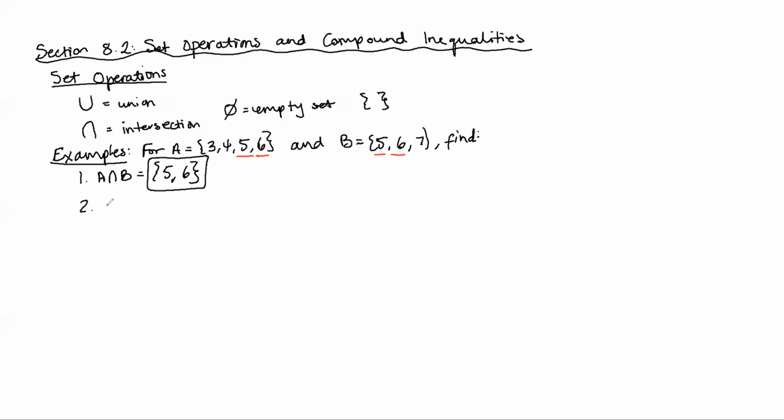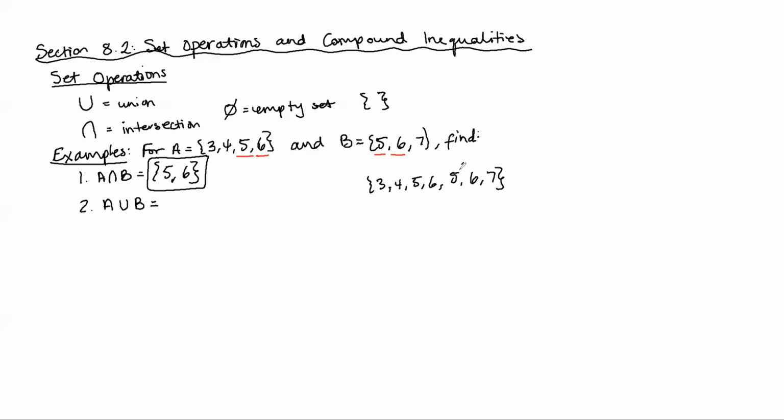Now for the union, so A union B, when you think of union, think of two things joining together. So if I were to join these two sets together, we would have the set 3, 4, 5, 6, and 5, 6, and 7. But we do not want to write any numbers twice.